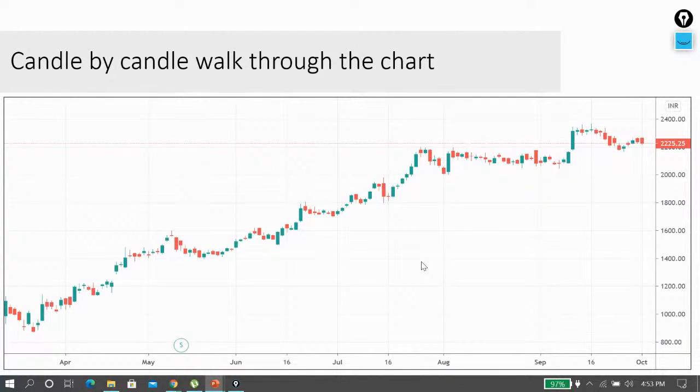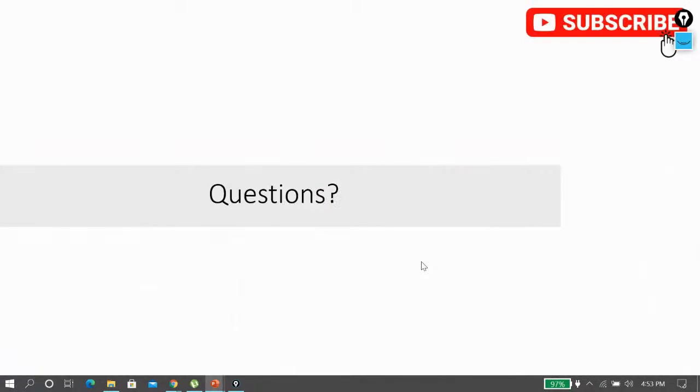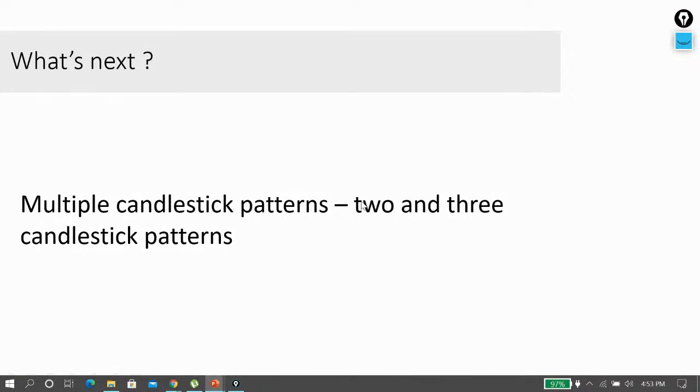And after that, the next step is going to the higher level structures and seeing how they move, how they look. Okay. So our next session, that is next Sunday, will be on 2 and 3 candlestick patterns.